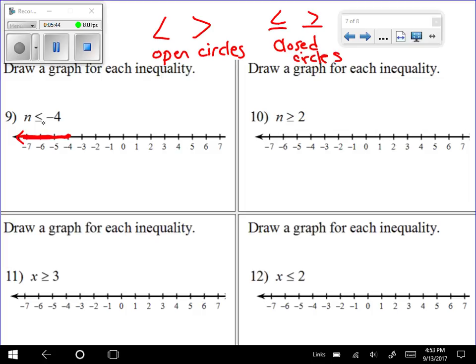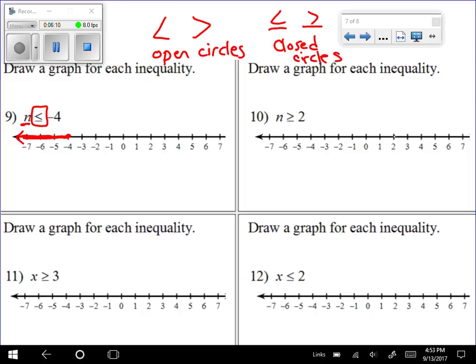Another hint. If the variable is in the front, like it is here, and in all of these in this case, we can shade in the arrow direction. If you look at the inequality, whatever way that inequality is pointing, that's the way we can shade, as long as the variable is first. So look at 10 here. n ≥ 2.